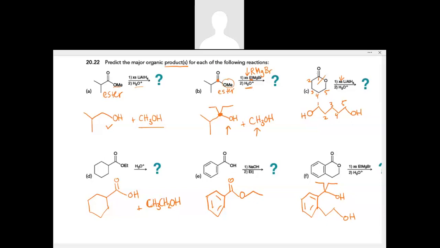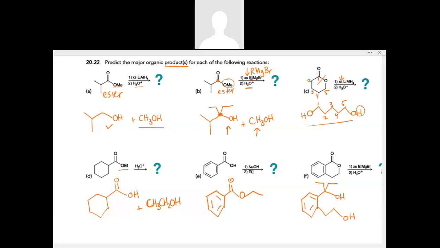And then once we add our aqueous acid, we would protonate that alkoxide. So this is the only product that we would see for the cyclic ester being treated with lithium aluminum hydride and an acid workup.